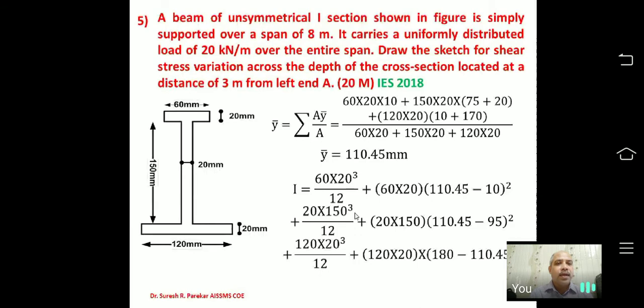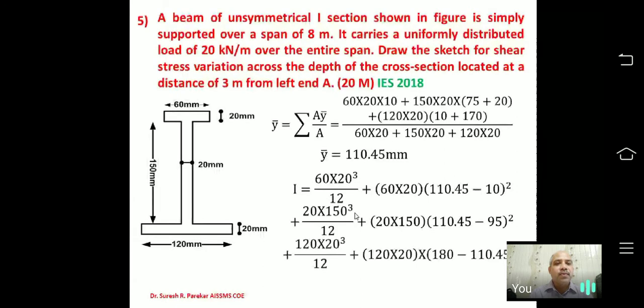Similarly for the web, 20 into 150 cube by 12 plus area of web 20 into 150 into, now Y2 we have 75 plus 20, which is 95. So we have 110.45 minus 95, again whole square.